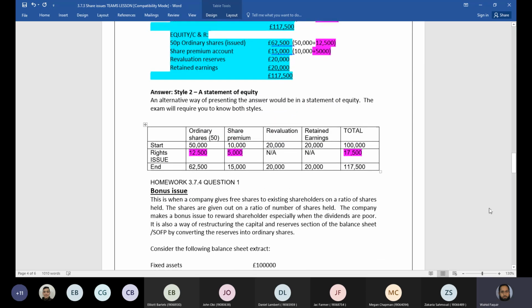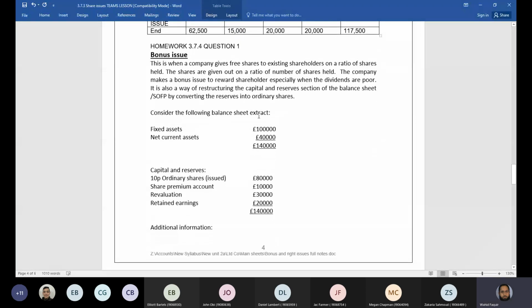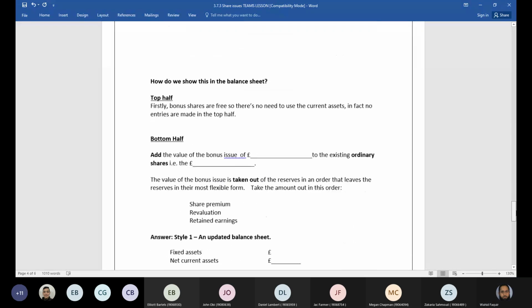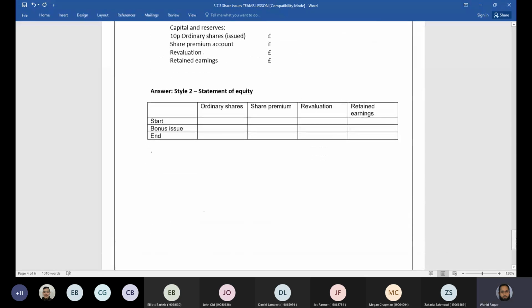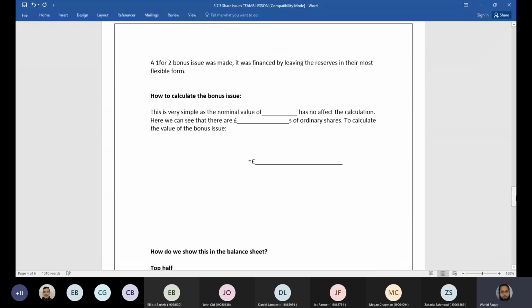Good. Let's move on. Right, we are not looking at bonus issues this lesson, as I said. Thank you, Bobby. No questions. We're not looking at bonus issues. We're just looking at rights issues. That's all to do with the bonus issue. Let's skip that. We'll return to 373 when we need to.